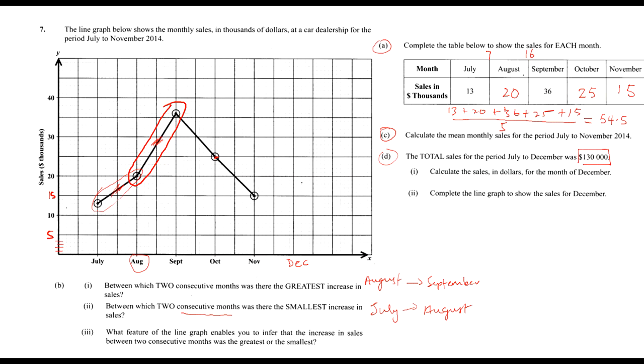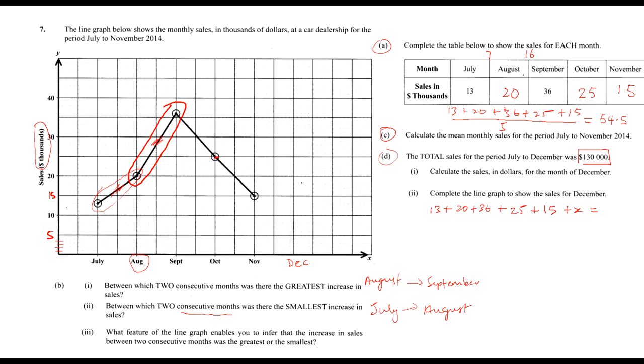All right, so let's call the amount of sales for December X. So what we are saying is that if we say 13 plus 20 plus 36, this is the amount of sales for each month we're talking about here, plus 25 plus 15 plus X is equal to, now students will get confused here because you see 130,000, but remember the sales given here is sales in thousands of dollars.